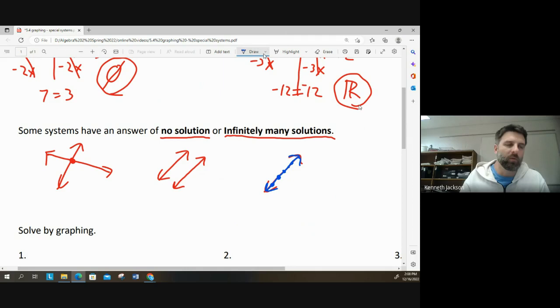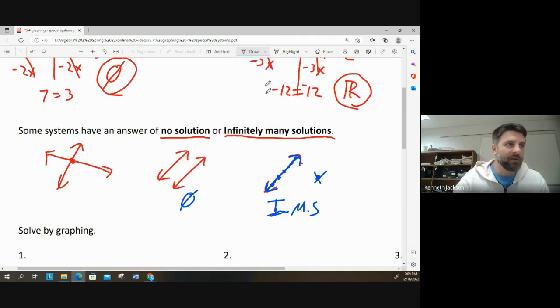We can't say all real numbers because all real numbers would include this point. Well, that's not on the line. It's not on either one. So this point would not be a solution. So what we have to say is there are infinitely many solutions, and those solutions happen to be on both of the lines. And to shorthand this, we have the no solution symbol if you would like that. You could either write out infinitely many solutions, or I'm fine with an abbreviation, IMS, infinitely many solutions.